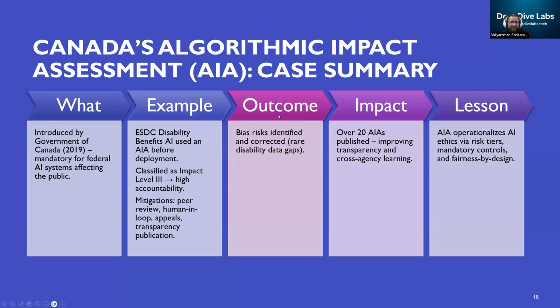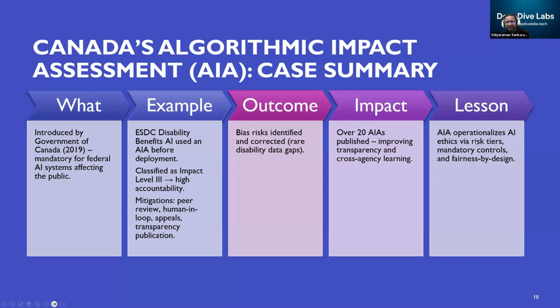So here, in this particular case, for the example that is shown here, the bias risks were identified and corrected very specifically for some rare disability data gaps. And this really implies some of the data is not available, or it's just so sparse that you don't really have sufficient training data here.